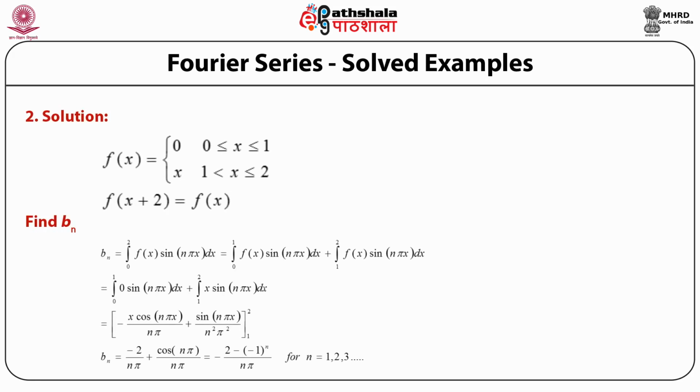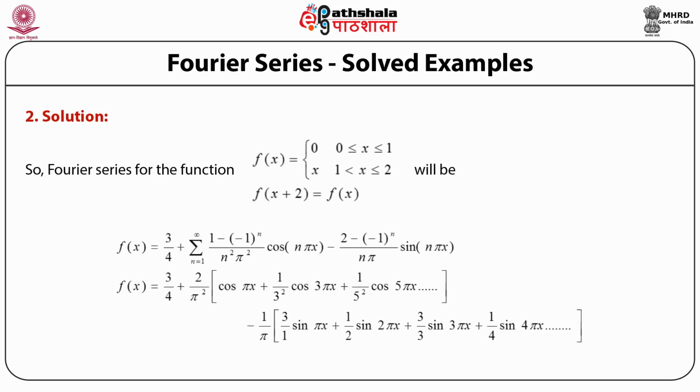The value of bn is calculated similarly as in the previous slides, just with slightly changed values, and we finally get bn equal to minus 2 divided by n pi plus cos n pi divided by n pi, which is basically minus (2 minus (minus 1)^n) divided by n pi. Here n is equal to 1, 2, 3 and so on up to infinity.